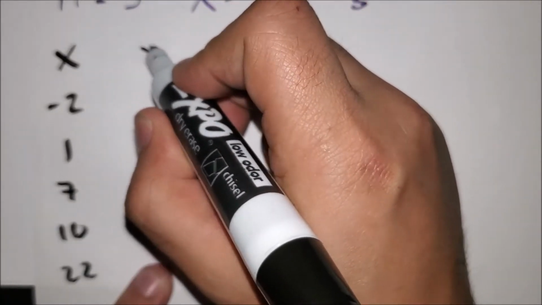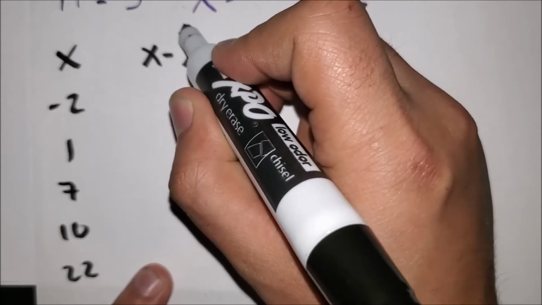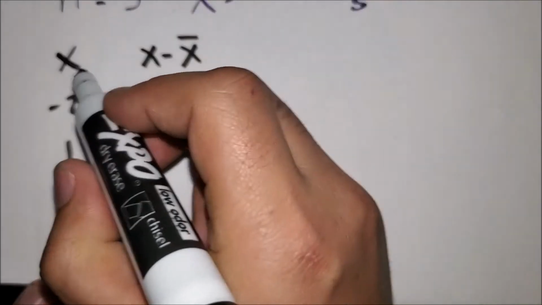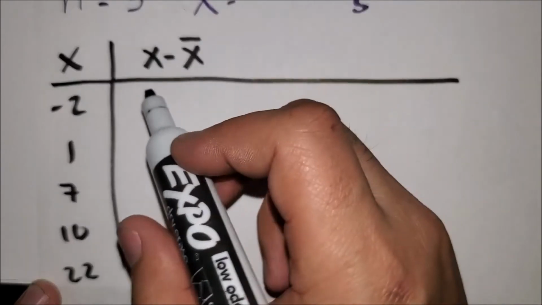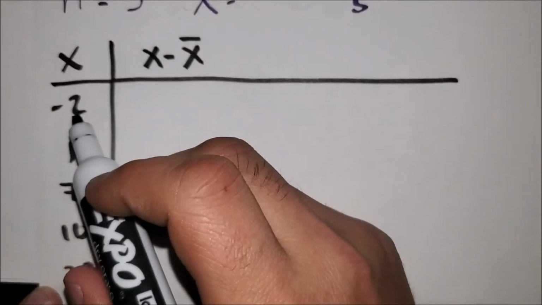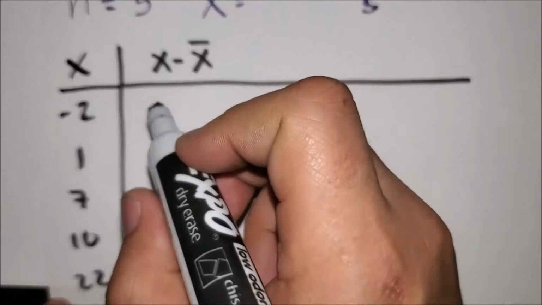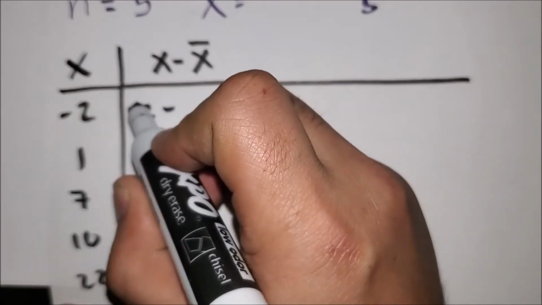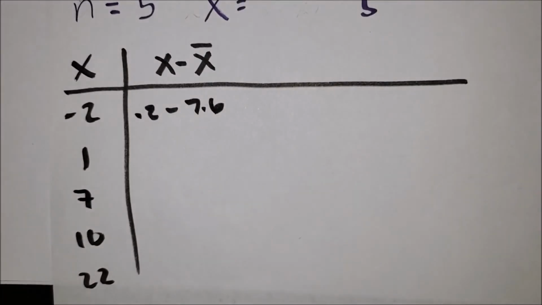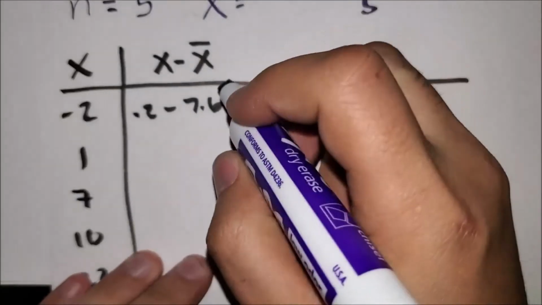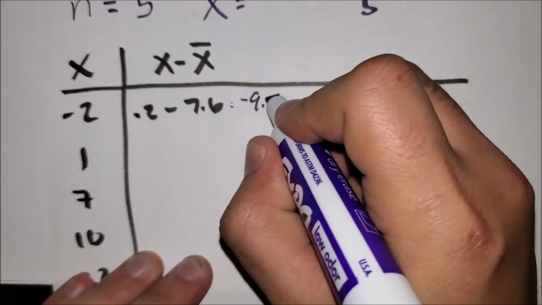And then our next column is going to be x minus x bar. So this is going to be -2 minus 7.6. And -2 minus 7.6 is -9.6.